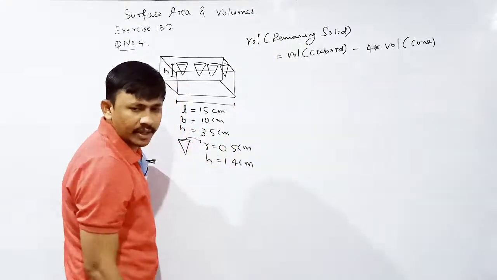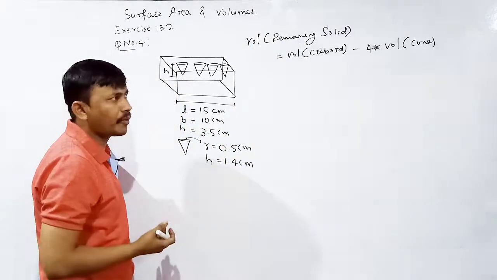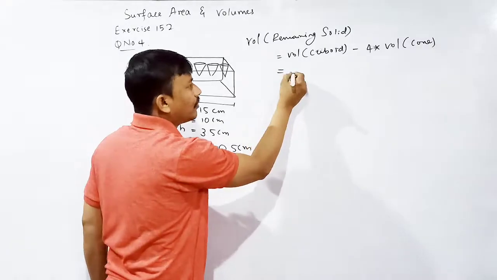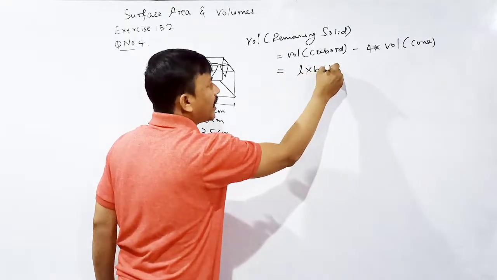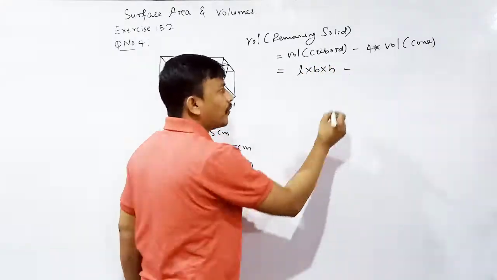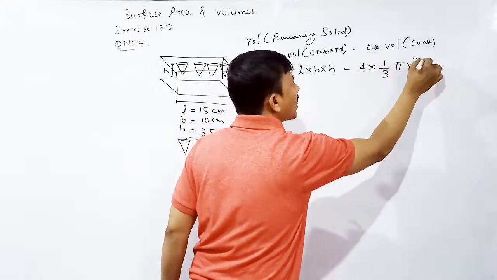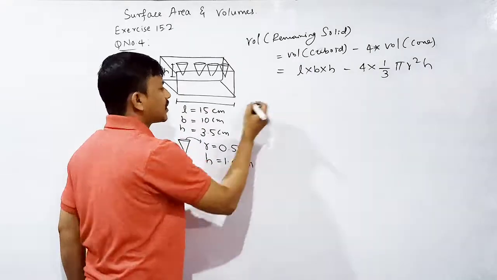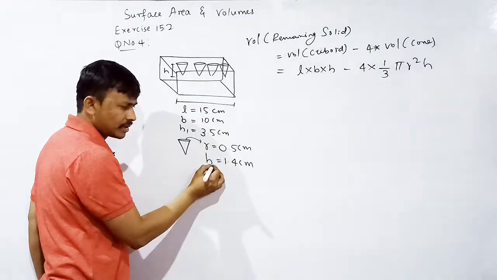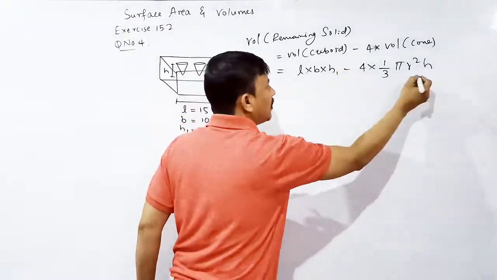Volume of remaining solid is equal to volume of cuboid minus volume of cone. Volume of cuboid is length into breadth into height, minus 4 into volume of cone, 1 by 3 pi r square h. Take h1, this is h2.